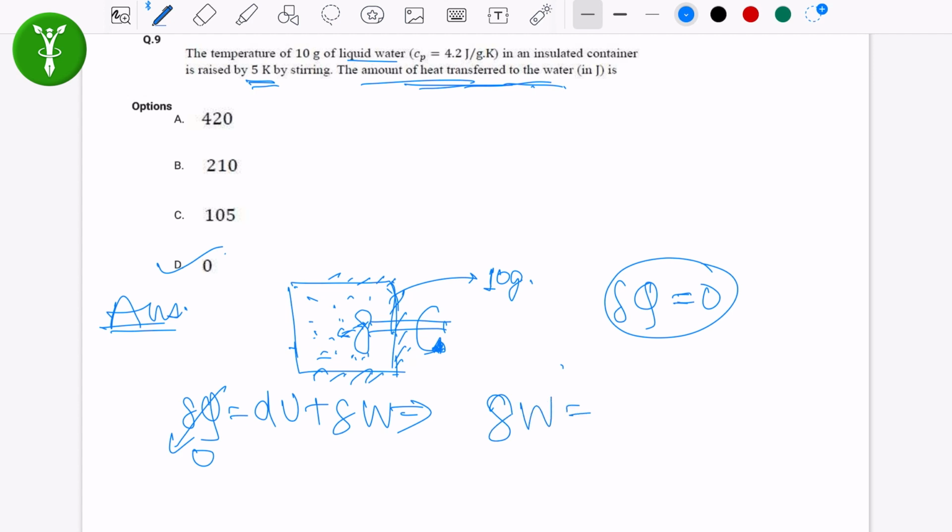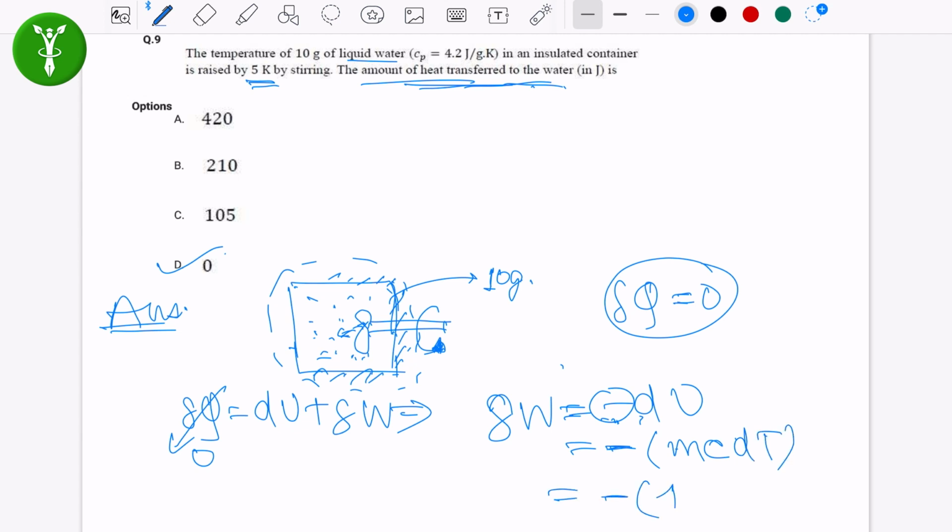Work transfer is minus dU. What is the minus indicating? Our system is the liquid. The negative sign shows that the work is done on the system, not by the system. So it is m Cp dT, or m c dT. For the liquid, m is 10 gram, times 4.2, times dT of 5 Kelvin.